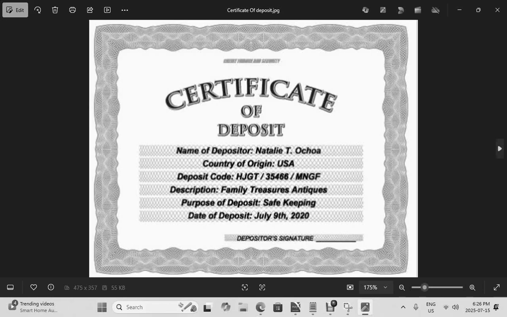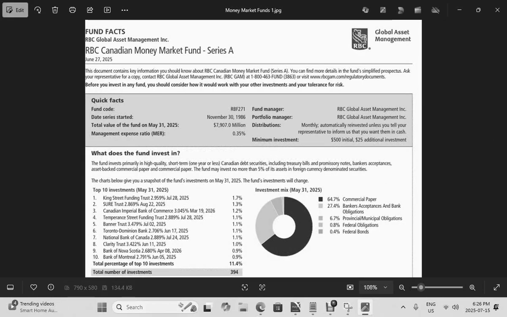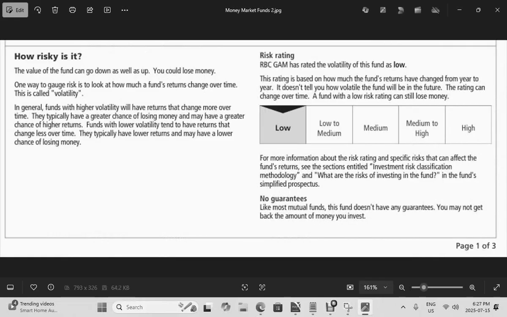Apart from your CD, you also have your money market funds. This is sort of like an investment in an ETF. You have all these different banks that make up the fund, and these are low risk investments. If you look at the risk rating, this is low risk, as stated by the fund facts.